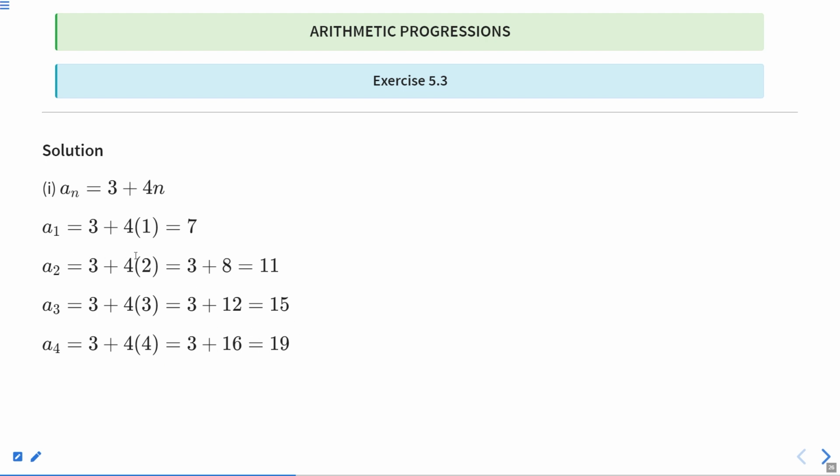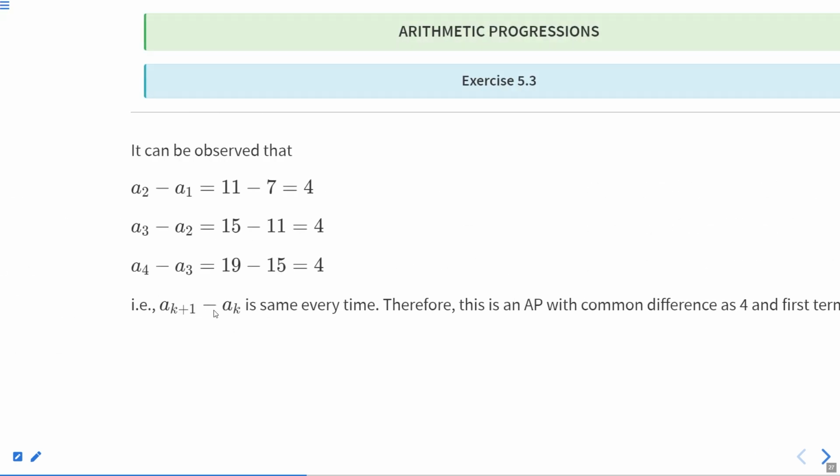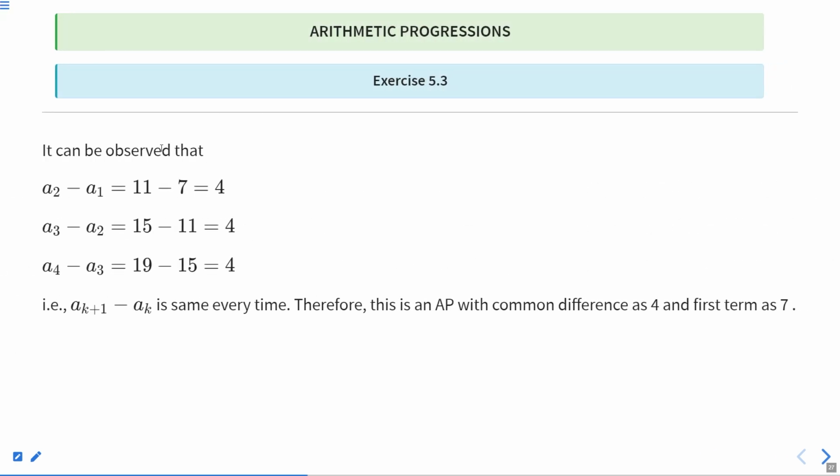So a1 is equal to 7, a2 is equal to 11, a3 is equal to 15, and a4 is equal to 19. So it can be observed that a2 minus a1 is equal to 11 minus 7, that is equal to 4. And a3 minus a2 is equal to 15 minus 11, that is equal to 4. And a4 minus a3 is equal to 19 minus 15, that is equal to 4.